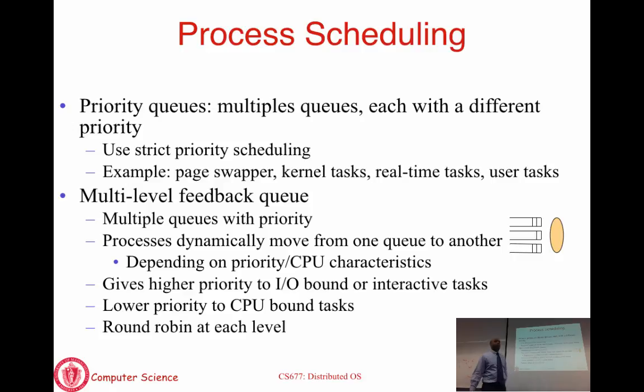Even within user processes, you can think of some tasks that have higher priority than other tasks. Let's say you are going to do a Skype call, and you are running a background computation. You're running MATLAB in the background and just doing some computation. You don't want a computational task in this case to impact running of Skype, because if your Skype call does not get the CPU time that it needs, then your call is going to keep breaking up.